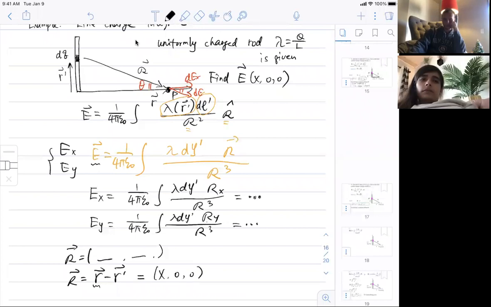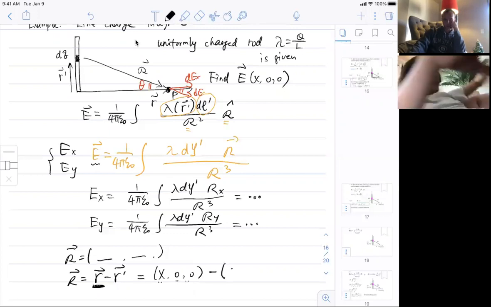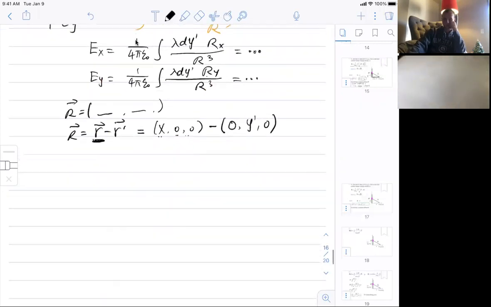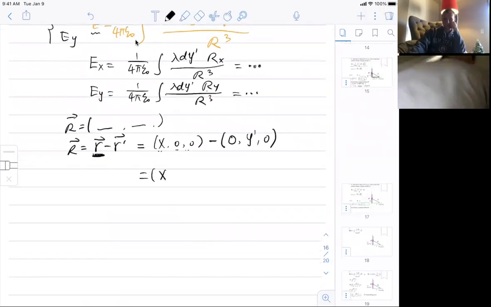Okay, so it's an x direction only. R vector is x, 0, 0. R prime vector is 0, y prime, 0. Do you agree? Okay, so R minus R prime becomes x, minus y prime, and 0.